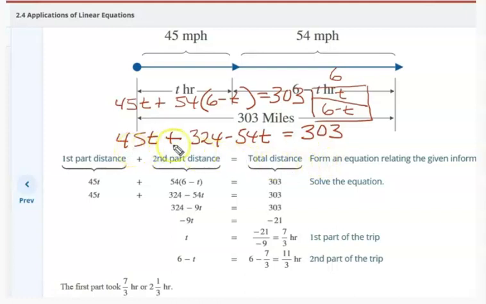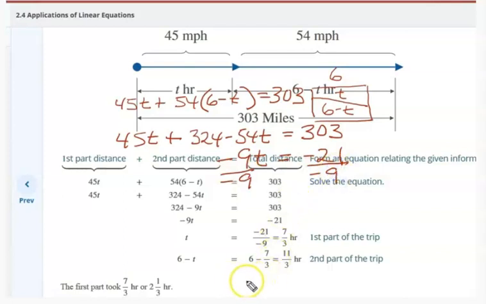Now, when I subtract the 324 from both sides, I get here a negative 21. And when I add up my 45t and my negative 54t, I get a negative 9t. So I divide both sides by a negative 9. Here you have to be careful of the sides.